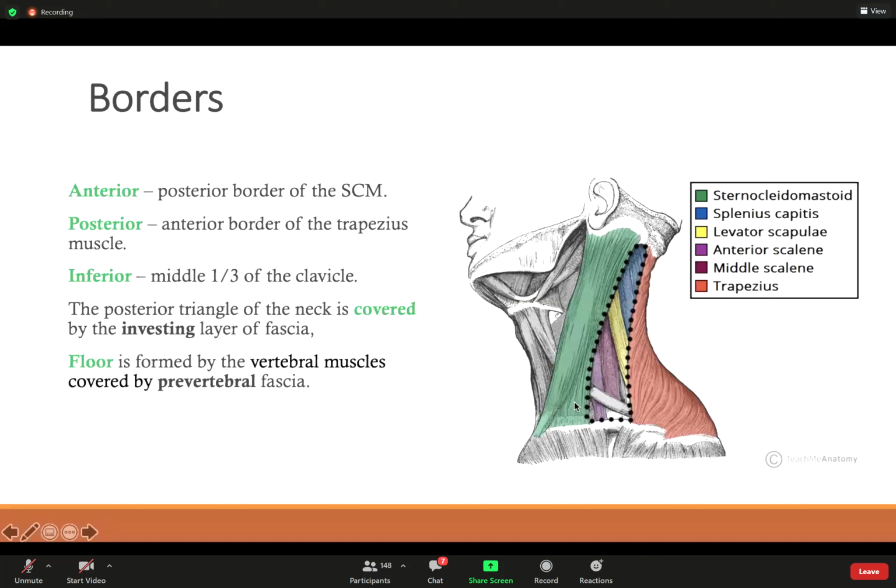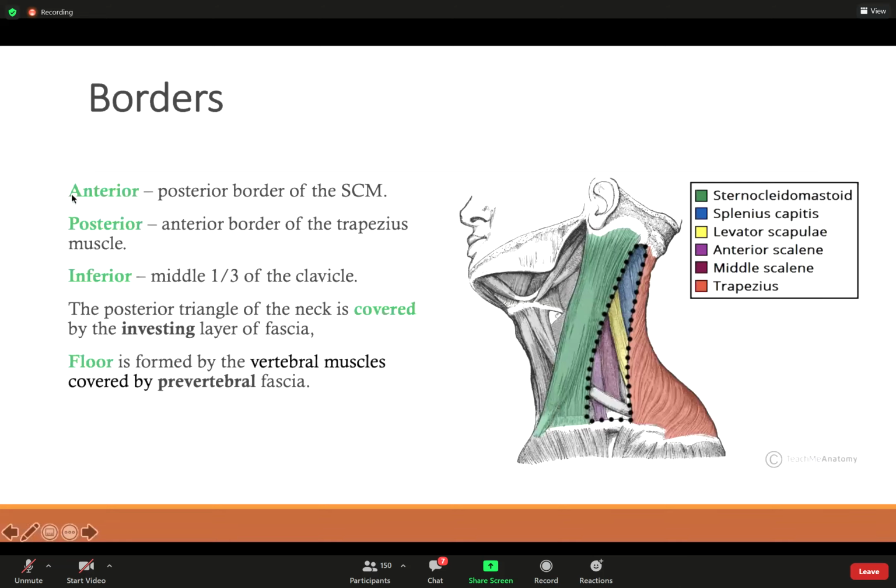So there is a boundary on the front, which is the anterior boundary, and there is a posterior boundary, and then we have an inferior boundary, and then we have a floor. This is called the floor. Imagine that we are in a 3D world. This is the floor, and then anything above this floor is called the roof. So this is the area of the boundaries, or borders, that we expect you to know.